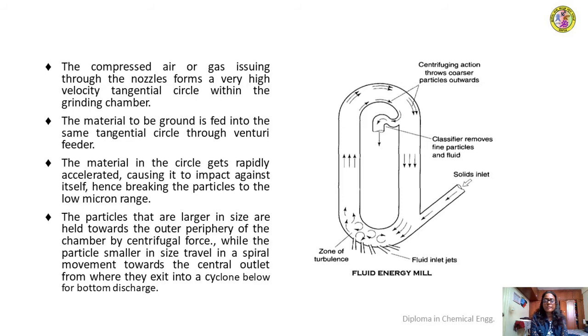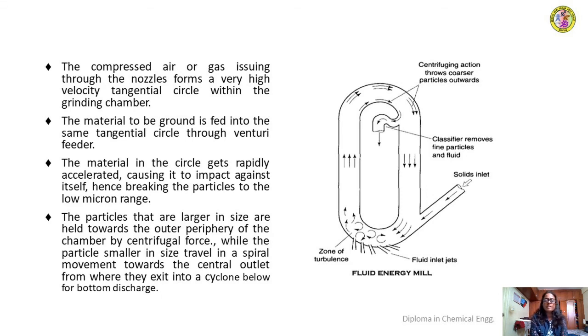So coming to its operation, the compressed air or gas issued through the nozzles forms a very high velocity tangential circle within the grinding chamber. The material that is to be ground is also fed into the same tangential circle through a venturi feeder as shown in the diagram.